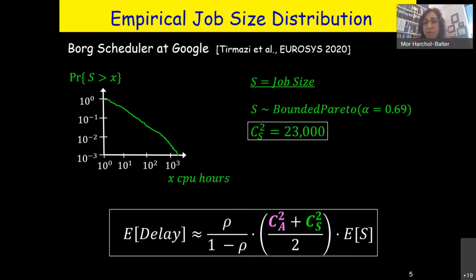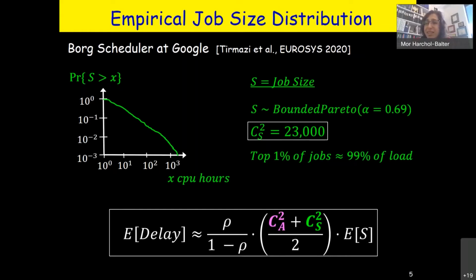This is millions of jobs. And when you look at the top 1% of jobs, they actually comprise 99% of the load. So the biggest 1% are really, really big. Now again, it's still finite. It's not an infinite distribution.